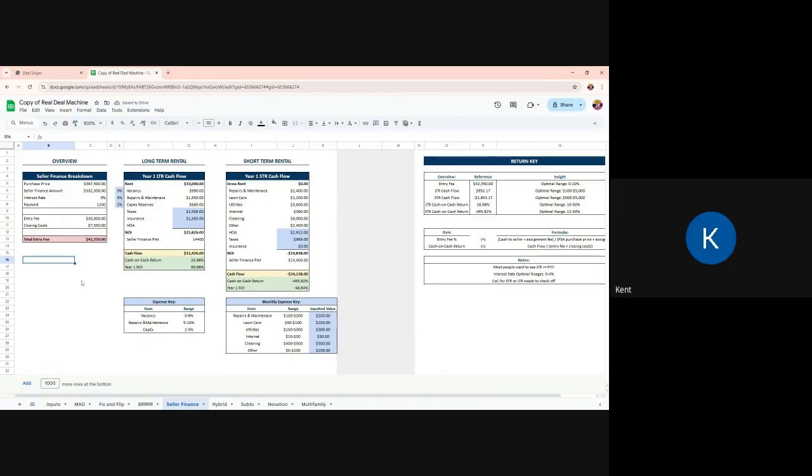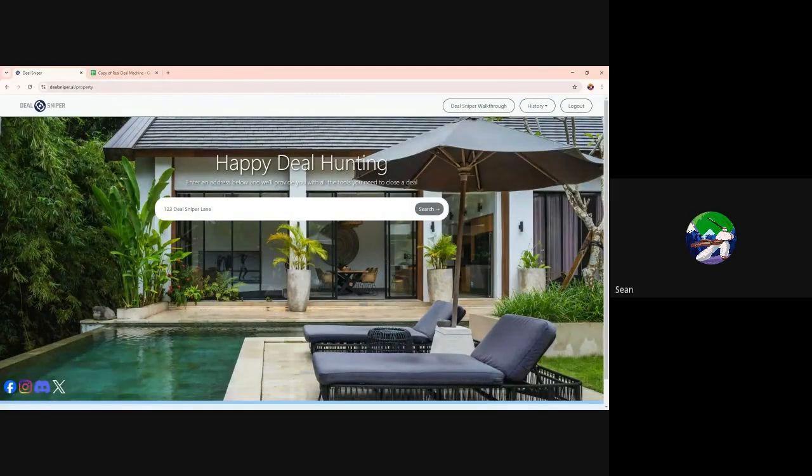Well, hold on, so where are you putting that spot where it says total PITI plus HOA? Hold on. That's part of the reason why I wanted to bring up Deal Sniper first, so I could show you that. This one's off market, but it won't matter.